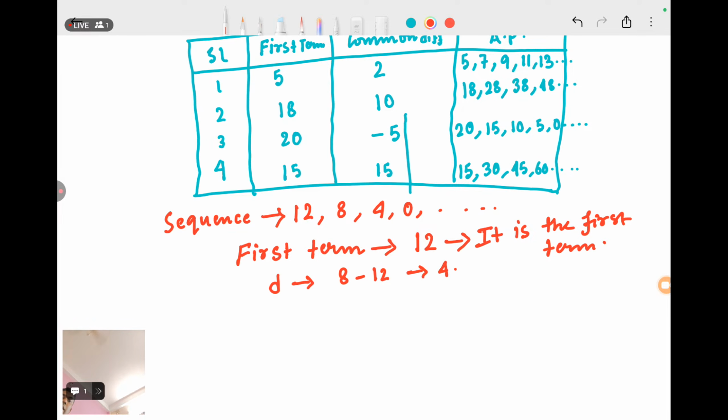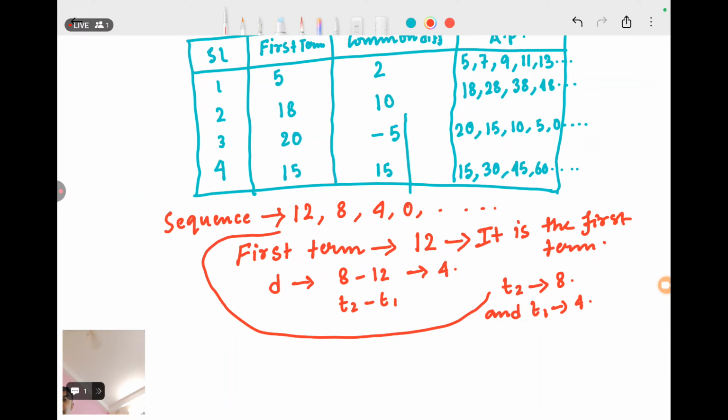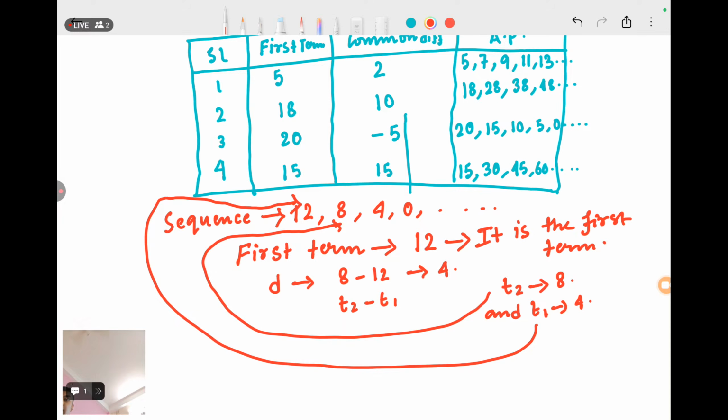So what is the formula of common difference? T2 minus T1. Here we can see that T2 is 8 and T1 is 4, as you can see in this given question.